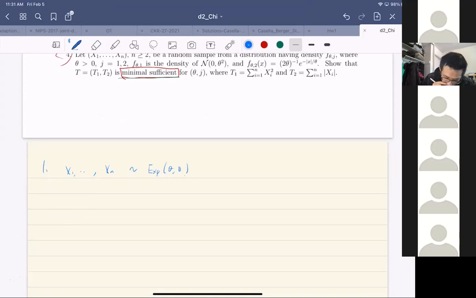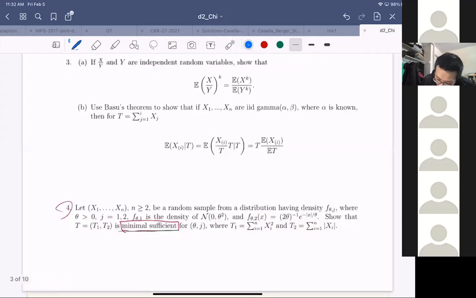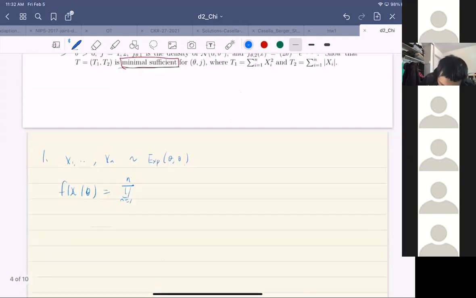So the first step is to check if it is a sufficient statistic. So we find the density. The density is theta inverse, with Si greater than theta.